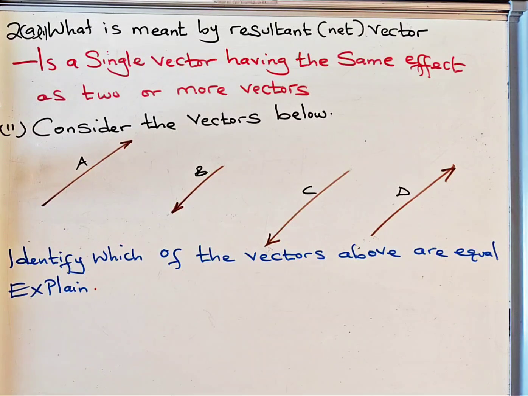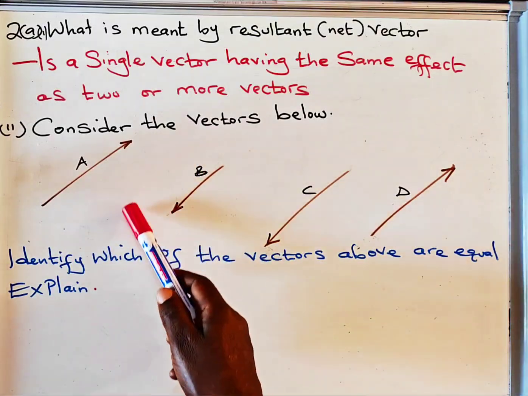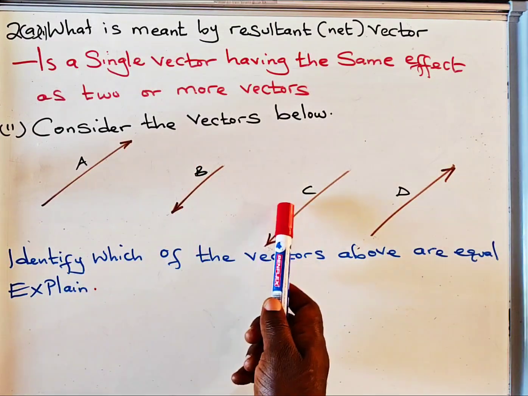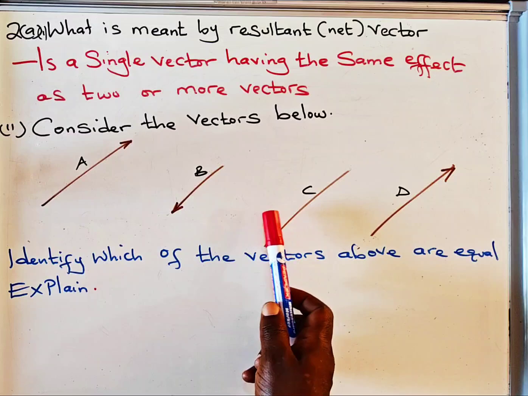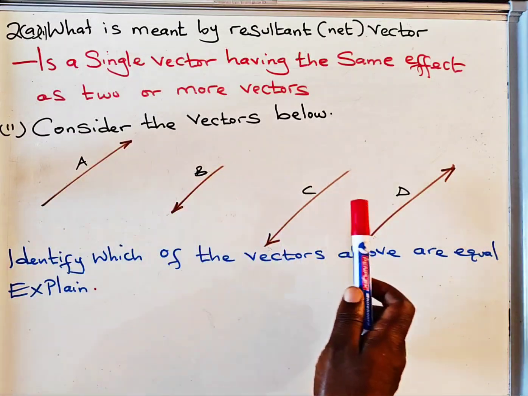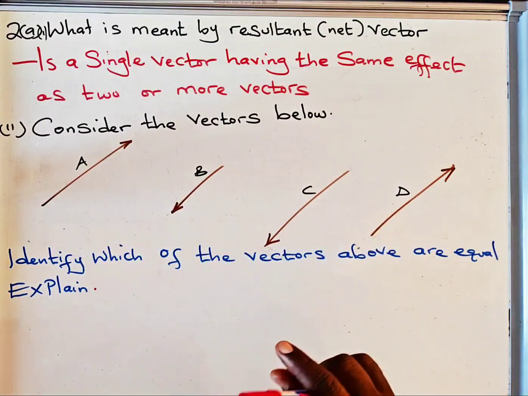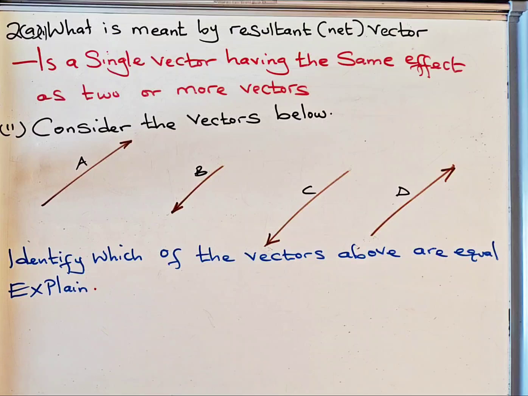For vectors to be equal, they have to have the same magnitude and the same direction. So when you look at this one and this one, obviously they are not. At this one and this one, they are not. But come to think about A and D. They are pointing in the same direction and almost they are equal.